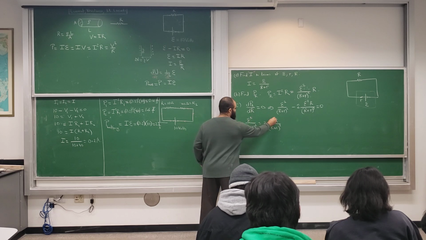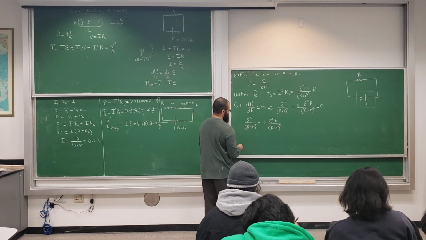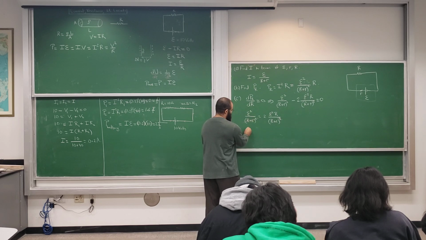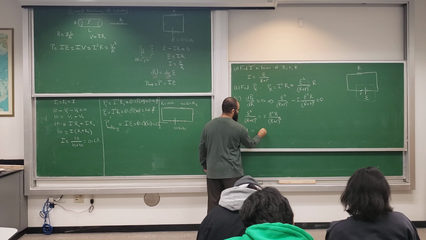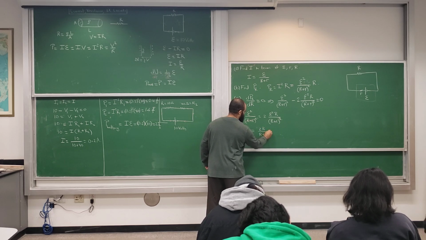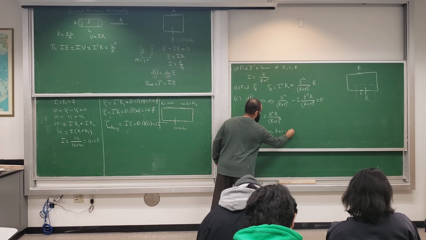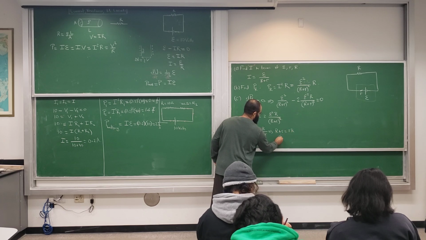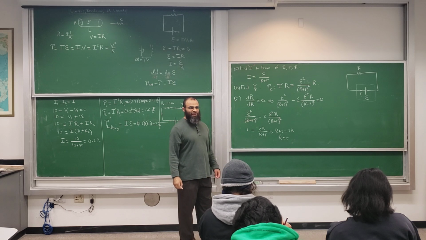So this cancels this. This whole thing cancels this. So you get on the left side just the number 1. On the right side you have 2R over R plus little r. Cross multiply, you get R plus little r is equal to 2R. That means capital R is equal to little r. That's when the maximum happens.